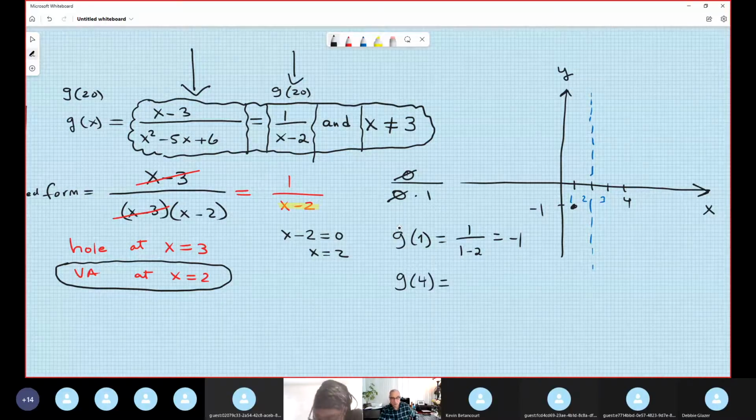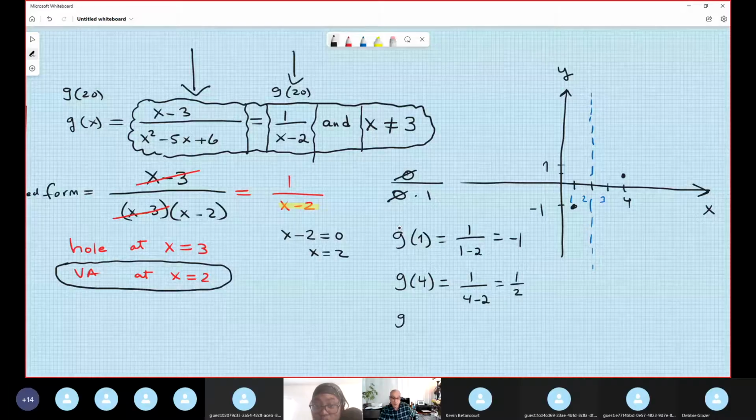After you evaluate by points. Entonces 4 is 1 over, again, using the easy one, no? 4 minus 2, okay, 4 minus 2 is 2, so 1/2. So at 4, we have 1/2. Suppose this is positive 1, the midpoint is 1/2, I plot that point. Boom. And what about 3?